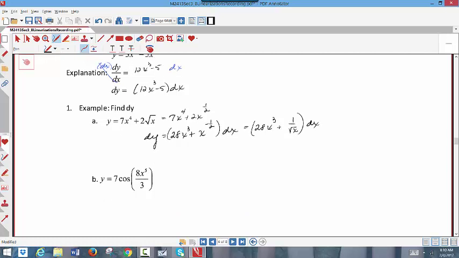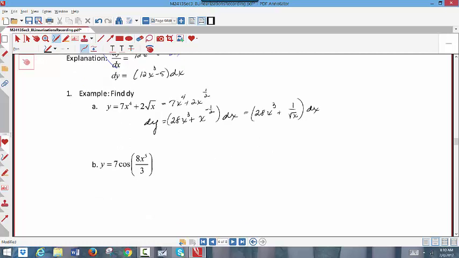Here's another one. Here's my cosine. So if I wanted to find dy, it would be 7 times the derivative of cosine, which is a negative sine. And so then it's a negative sine of 8x to the 5th over 3, and then you've got to take by the chain rule the derivative of the argument of the trig function. So the derivative of this 8x to the 5th over 3 would be 40x to the 4th over 3, and then dx out here.